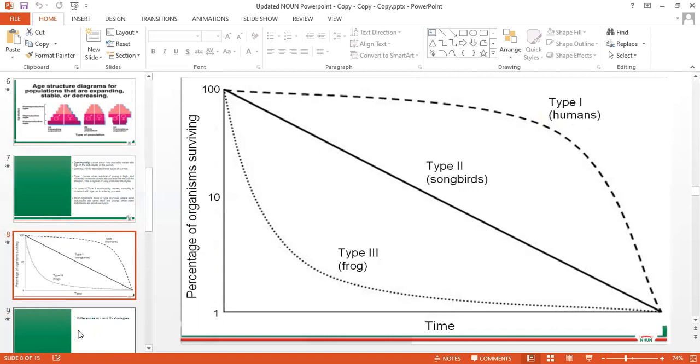So these are the different survivorship curves that exist in different organisms. Remember that we said there are two pieces of information that we need, either for the curve or for population growth rates.